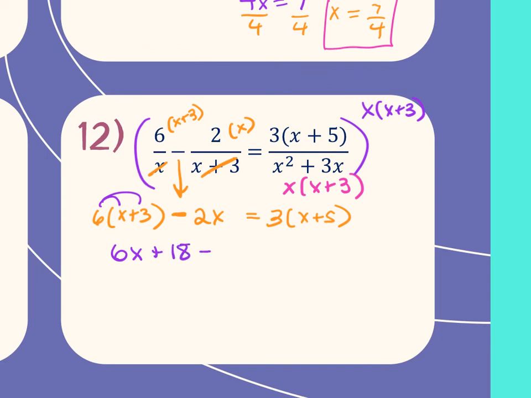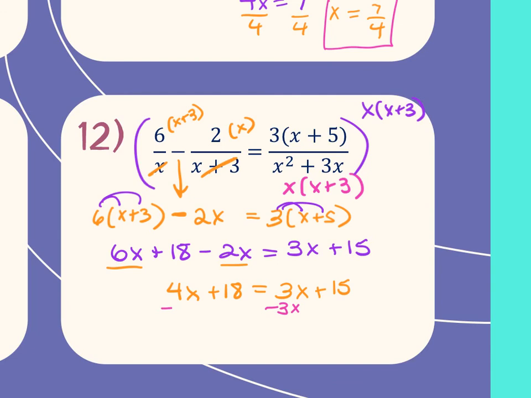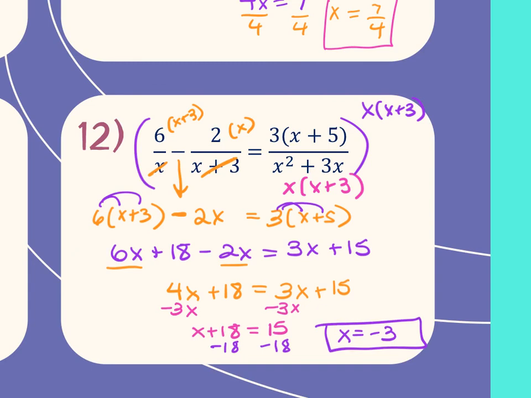Distribute. Combine my like terms. Subtract the 3x. And move the 18. And I get x equals negative 3.